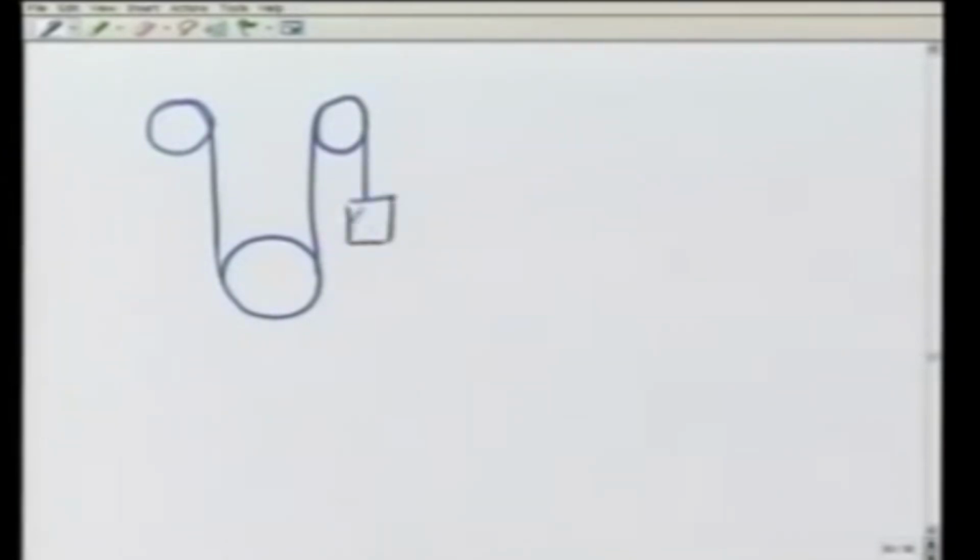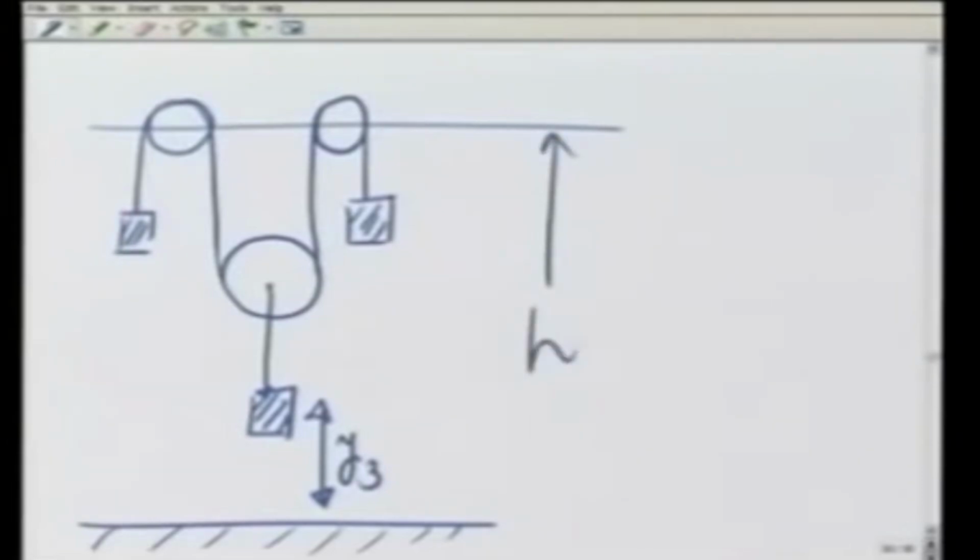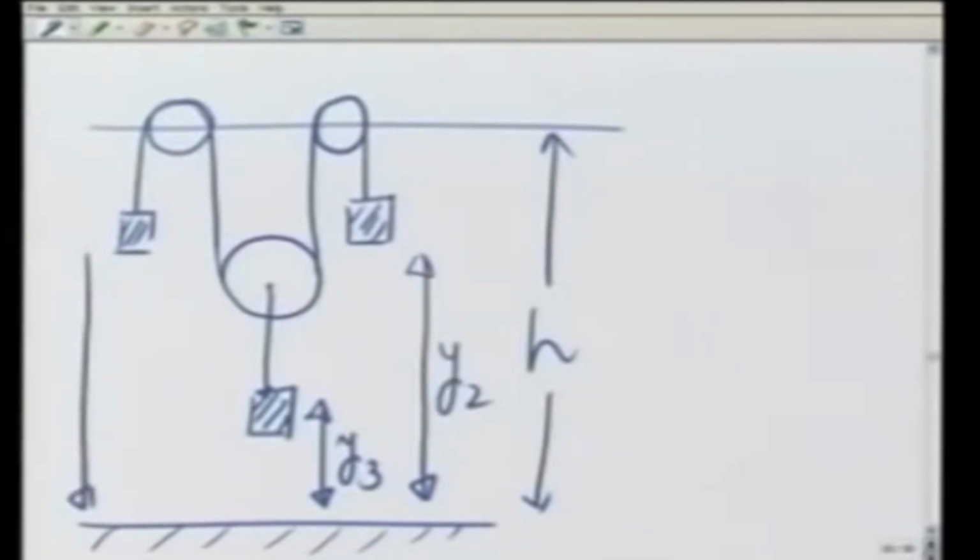Where I will now take the constraints into account, that the lengths of both the ropes are fixed. So this is y3, these were at height h from the ground, this is at y2, this is at y1.